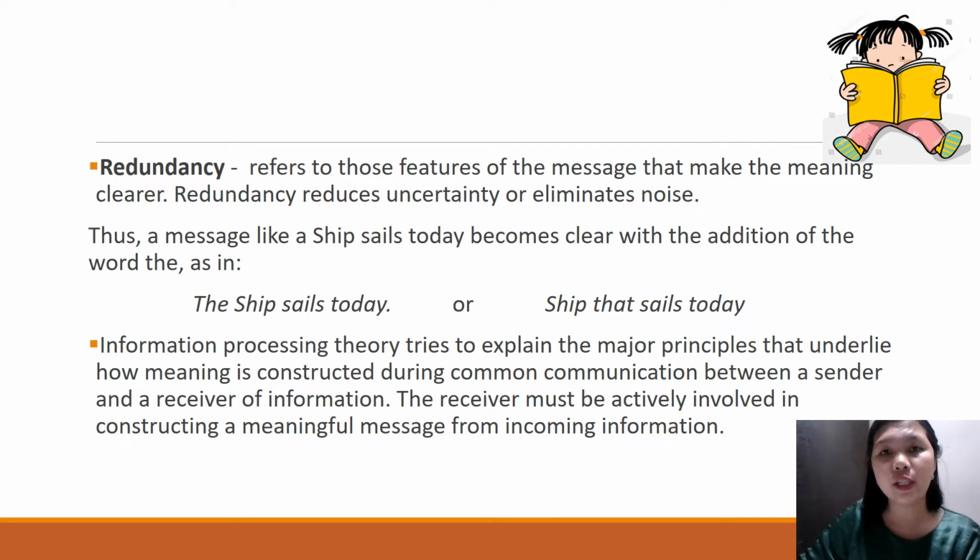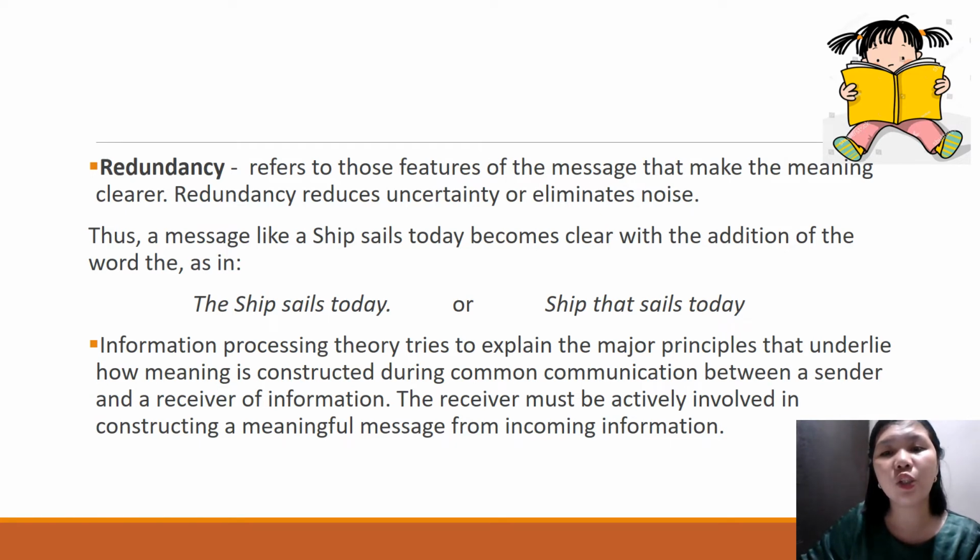You look for sources of redundancy in the message. Redundancy refers to those features of the message that make the meaning clearer. Redundancy reduces uncertainty or eliminates noise. If the units of information that weave together to build a message are highly redundant, and you are aware of most of the redundancies, then you will understand the message more clearly.